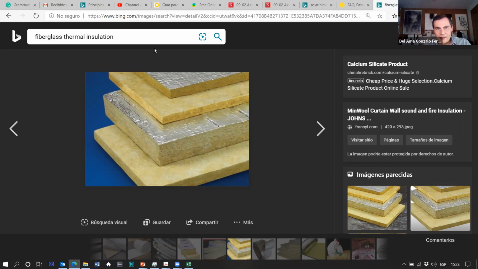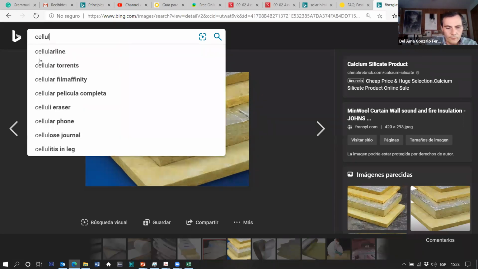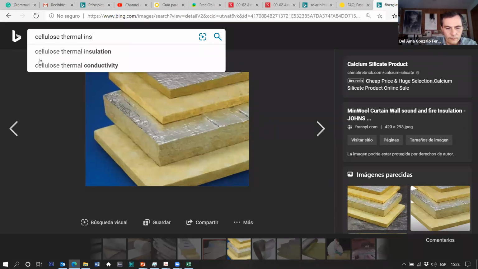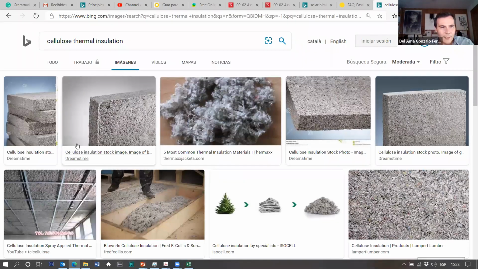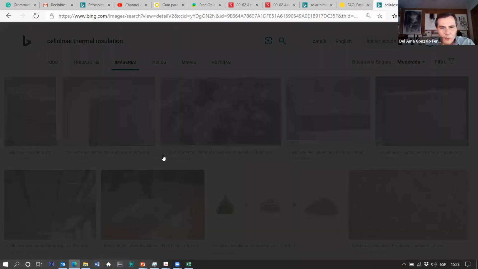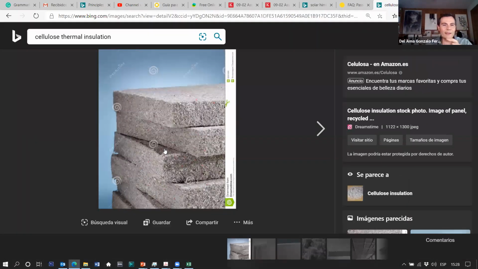So fiberglass, it's better than this fiberboard. Fiberboard, it's what we call cellulose. Okay, this cellulose, it's like compacted wood. Those are wood fibers, and they are compacted, and you have a thermal insulation. And now people are crazy about this cellulose insulation.